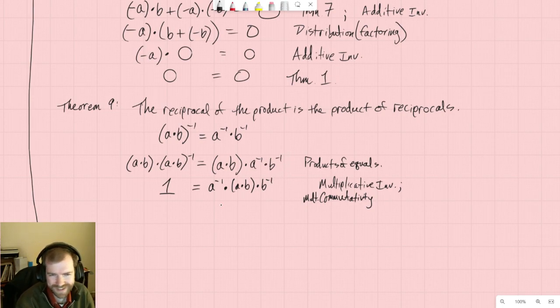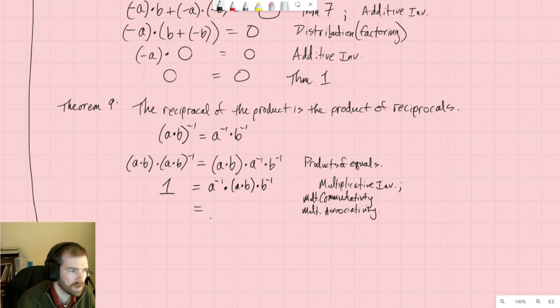On the next step we can do multiplicative associativity. And we could say that here we have a to the negative first times a can be grouped together, and that says that a to the negative first times group a times b can be rewritten as grouping a to the negative first times a times b. We can also then group b with b to the negative first.